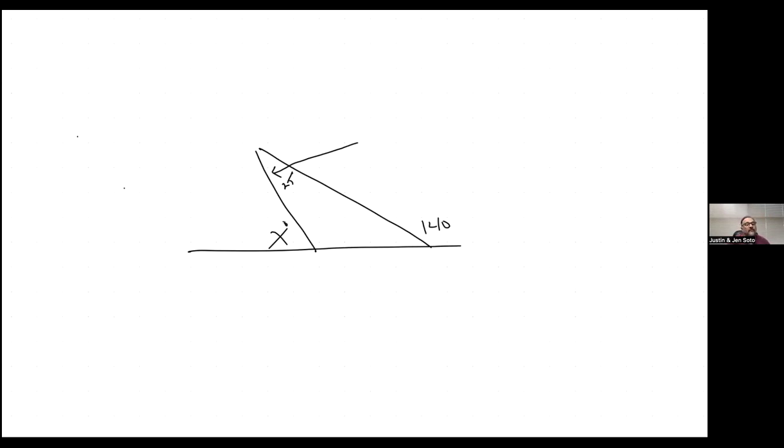This is 25. We know this has to be 40 because 140 and 40 is 180. And we know the exterior angle is going to be equivalent to the sum of the two opposite interior angles. So 40 plus 25 is 65.